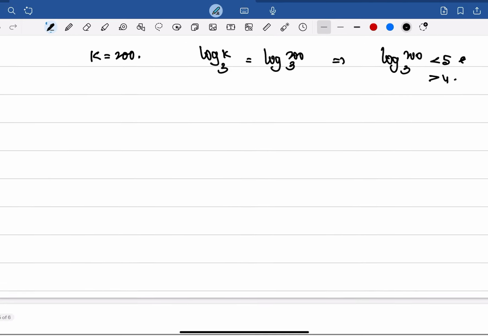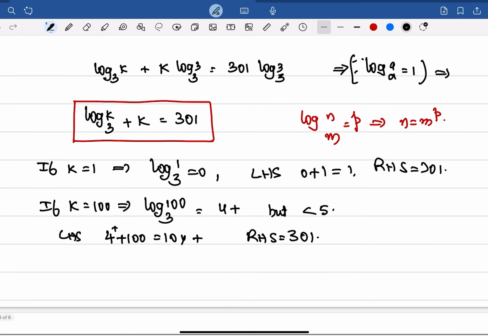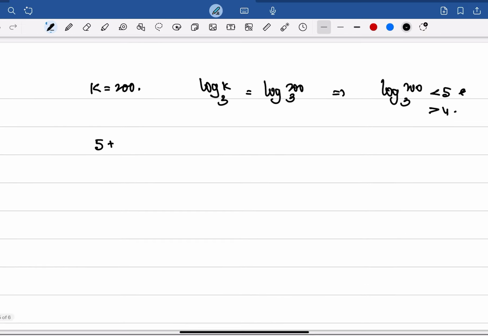What happens to the original equation? Log 200 to the base 3 is 5, plus k. K is 200, so left hand side is equal to 205. Right hand side is equal to 301.